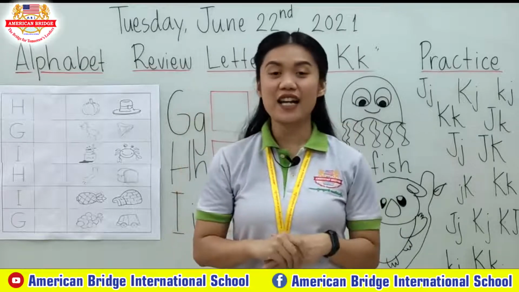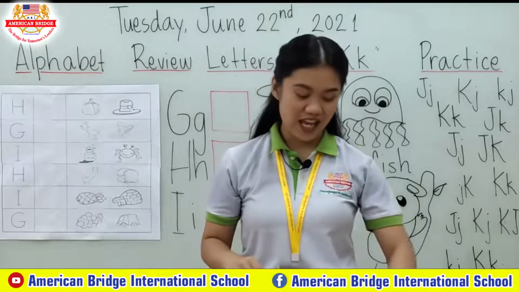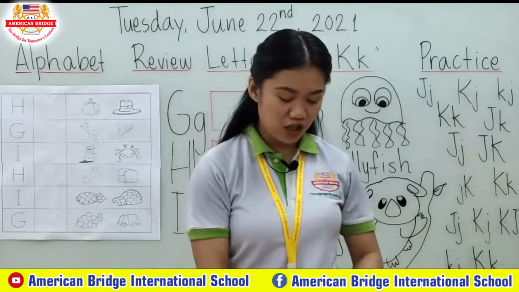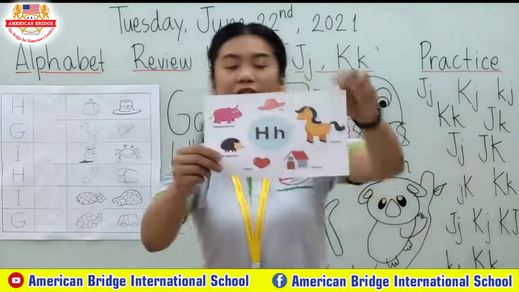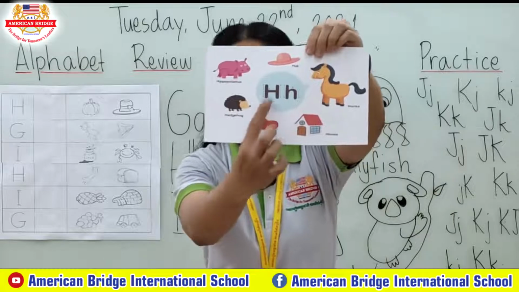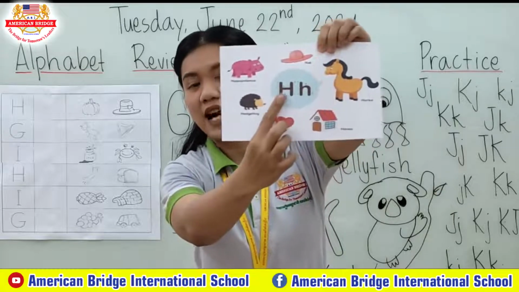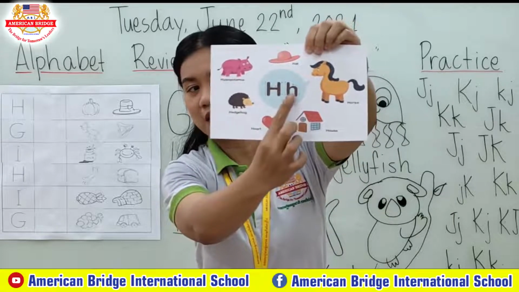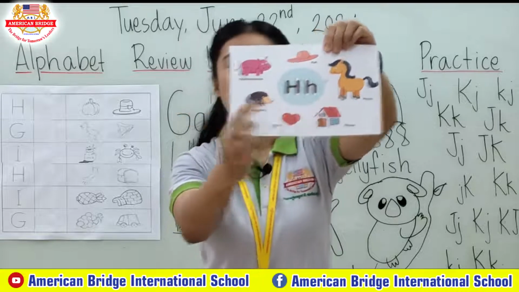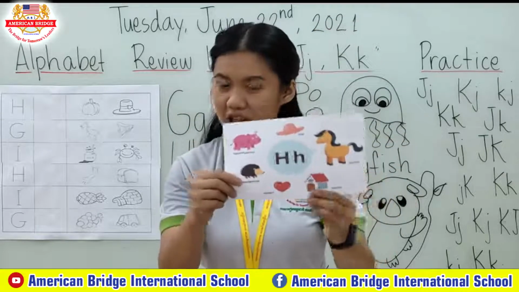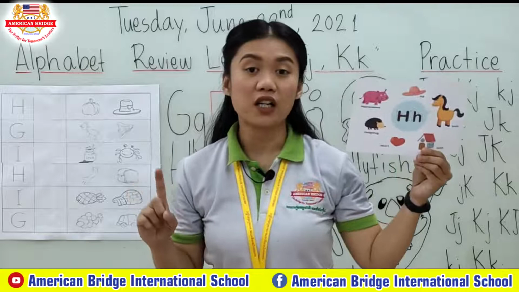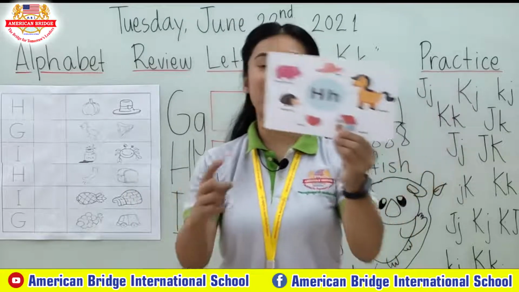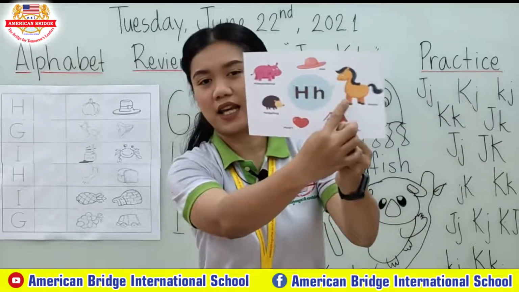Next letter is letter H. Okay, so teacher also has letter H in here. Capital H and the small letter H. And yesterday, H is for horse, correct? We have horse in here.